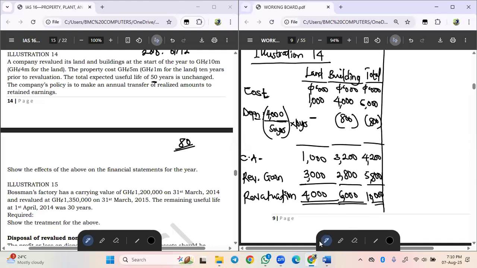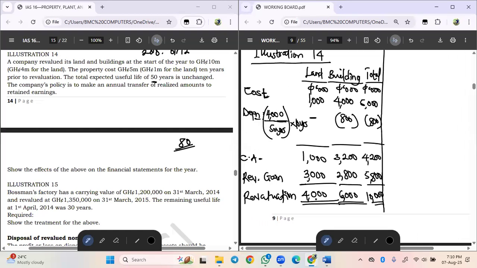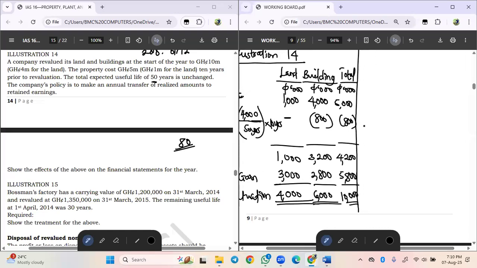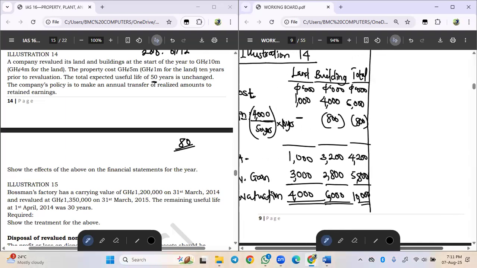So now we have to determine the figures from revaluation to the reporting date. If this one is 1st January of a certain year, we have to calculate as at 31st December of that year. We'll continue from here.